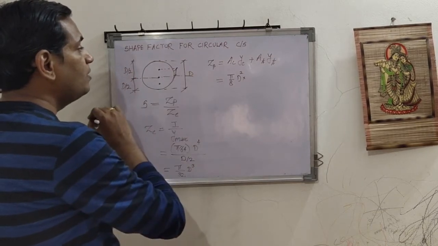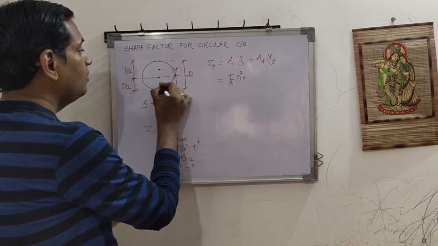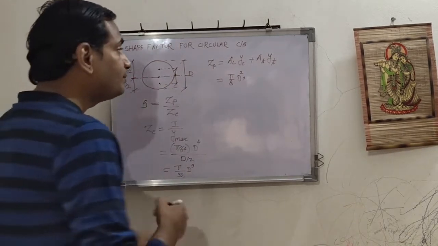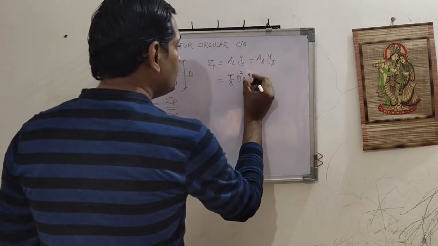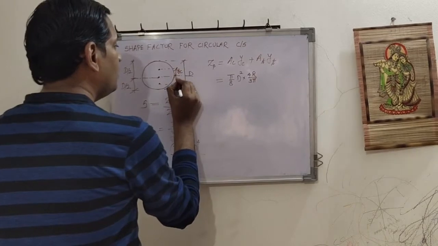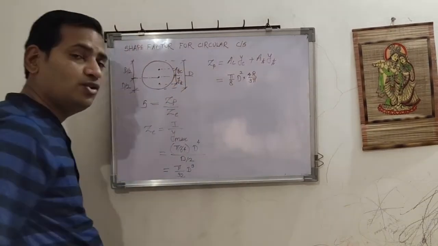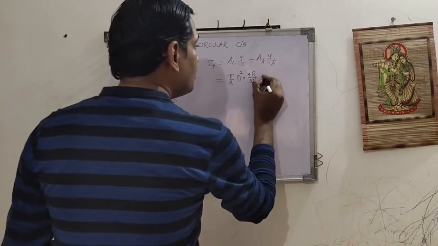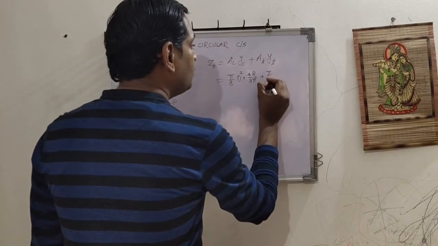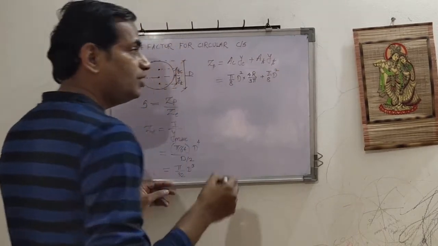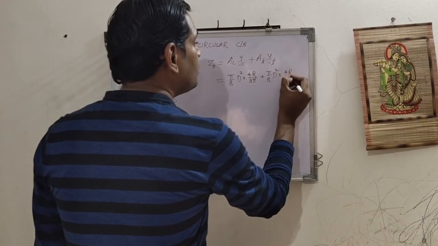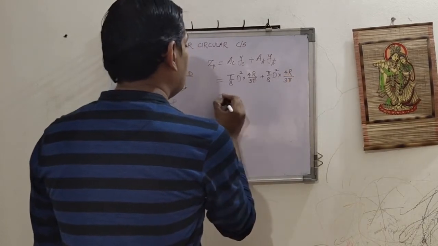So this is YC. YC is nothing but 4R upon 3 pi. So I will write here 4R upon 3 pi. This is YC, and this is YT. YT is also the same, and AT is also pi by 8 times d square, because it is half the area of the circle, into YT, which is 4R upon 3 pi.